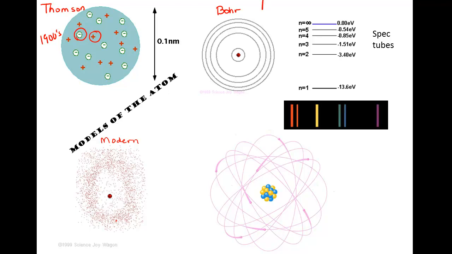Later, Rutherford's experiment, again in the early 1900s, showed that when a positive particle was thrown towards an atom, most of the particles went straight through, and only a few of the particles that got close enough to what he determined was a nucleus could be repelled or deflected either a little bit or deflected all the way back.